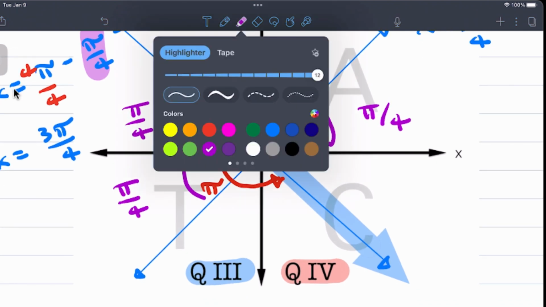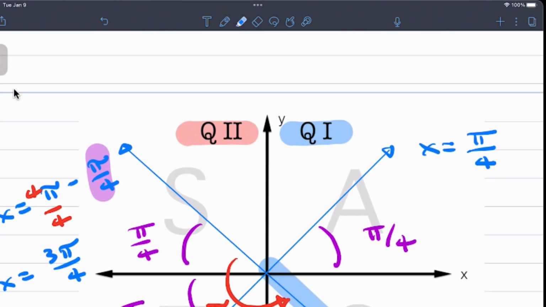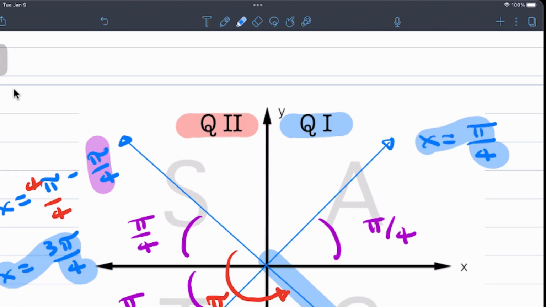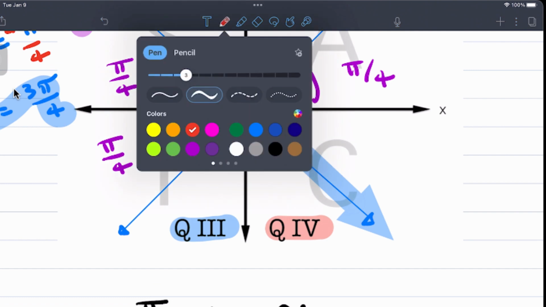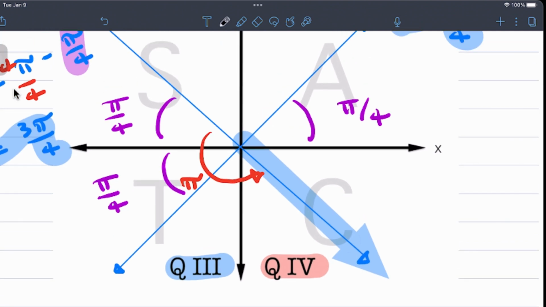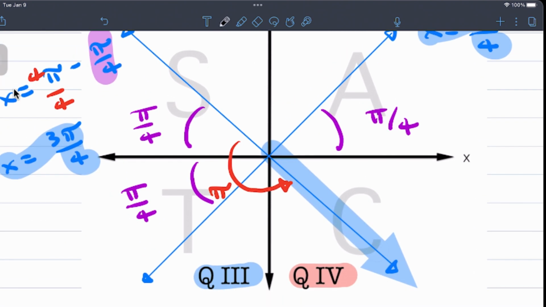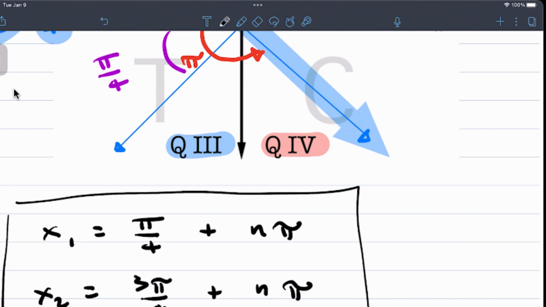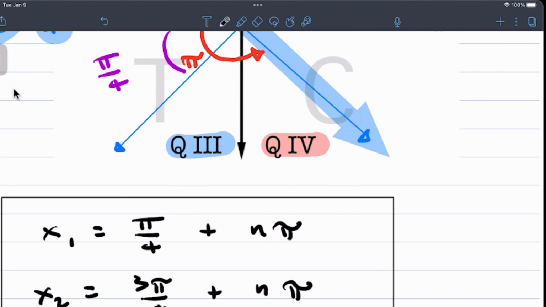So all I got to do now is like before. I took the first solution. Now I get this first solution for tangent being negative, which is 3 pi over 4. And all I got to do is notice that my other solutions are in opposite quadrants here. So I just have to list these two in general. And of course, you always want to say n is a what here?